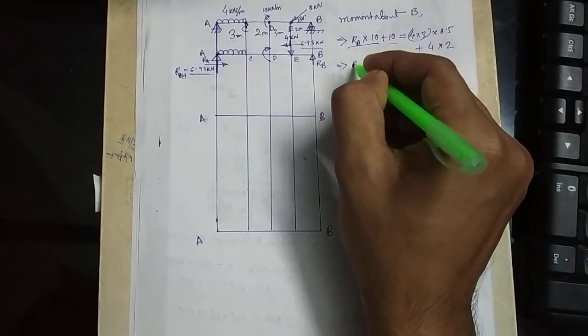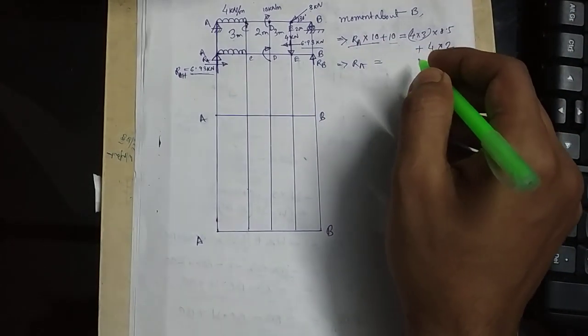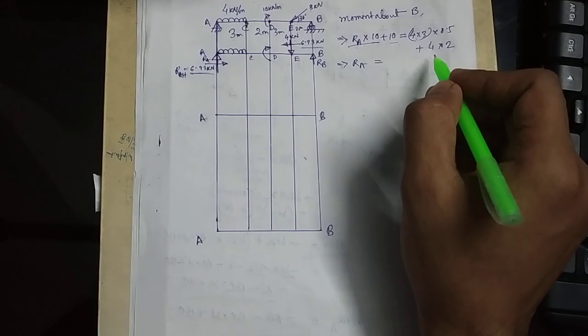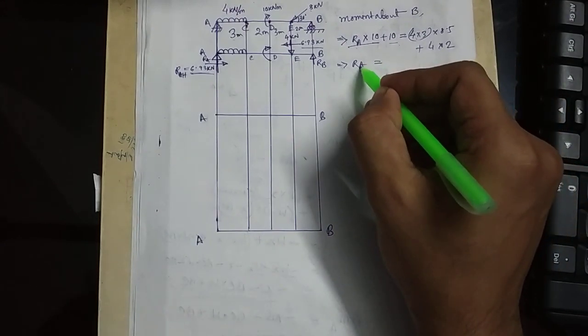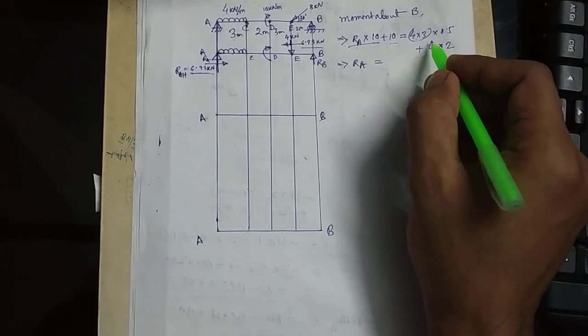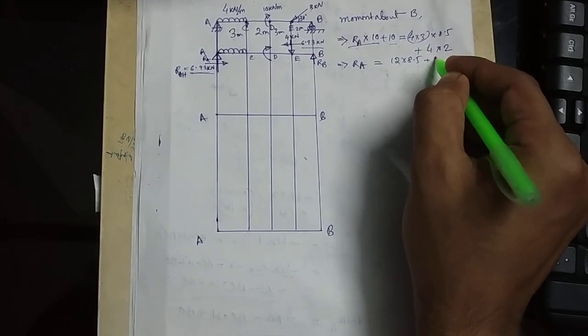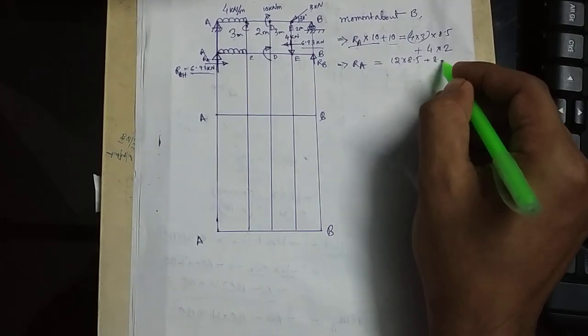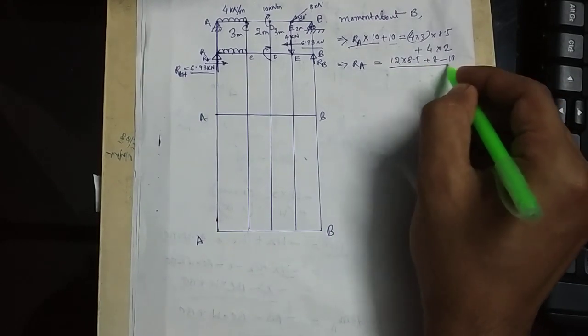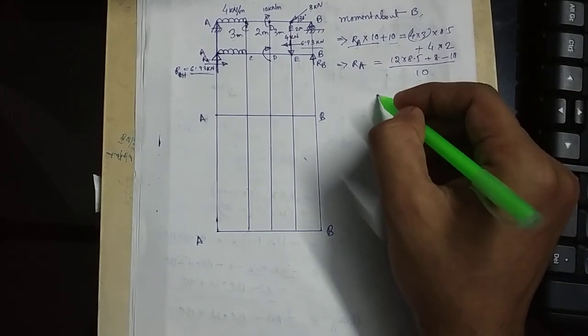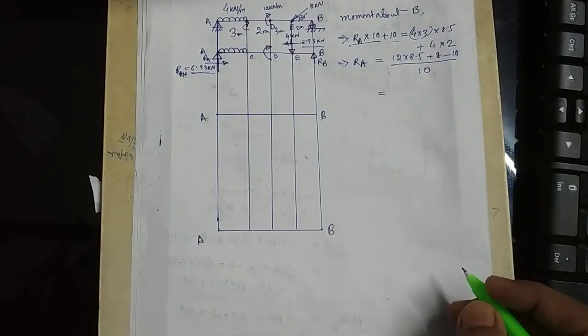So RA will be equal to (12 into 8.5 plus 8 minus 10) divided by 10. Let us calculate.